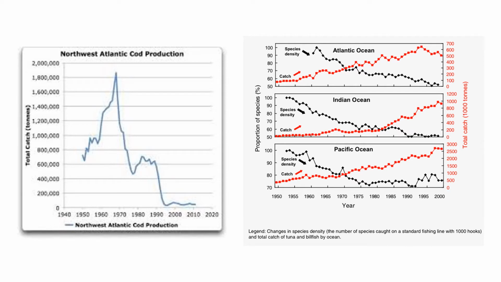If you look in this graph on the left there, you can see just that happening. Now on the right there, you can also see that as I'm increasing my catch, the number of species that I'm actually catching goes down, which shows us that my species richness is actually going down.